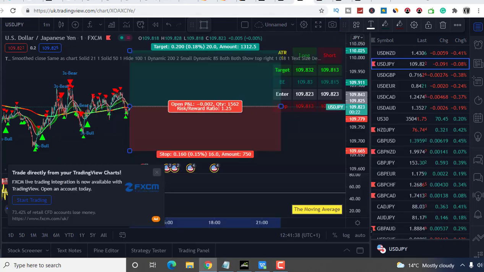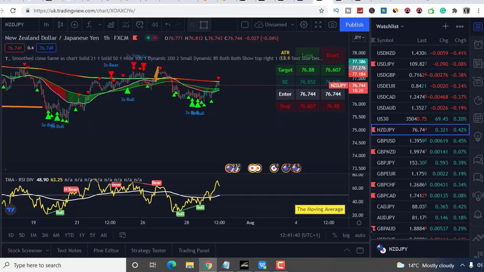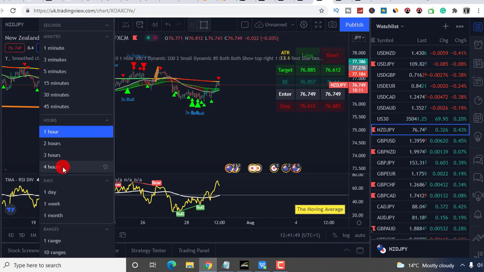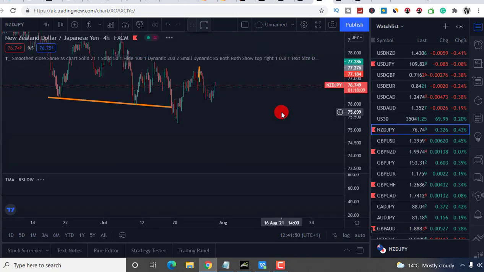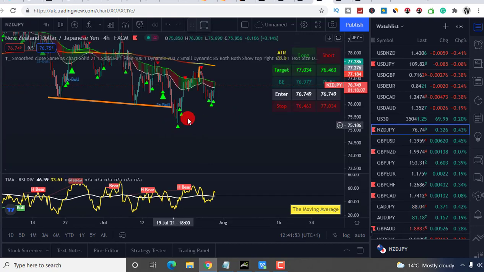While we have the third one, which is the last one for our first batch of trades, here what we have is New Zealand dollar, Japanese yen. If we go back to maybe the 4 hour time frame, just for more peace of mind, in the 4 hour time frame it's an uptrend.